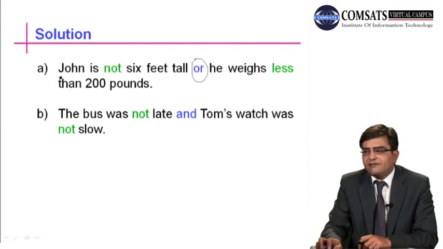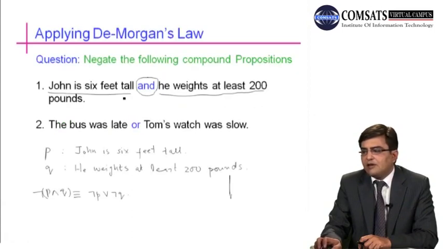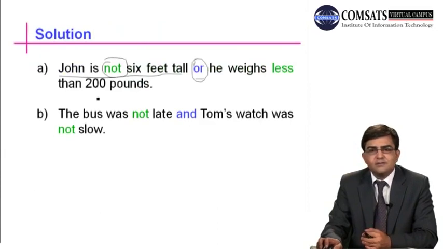Now we can see that the first proposition is negated here, and the conjunction converts into a disjunction, or, and the second proposition is also negated: he weighs less than 200 pounds. Here we had he weighs at least 200 pounds. At least means he weighs 200 or more, and the negation of this will be less than 200 pounds.